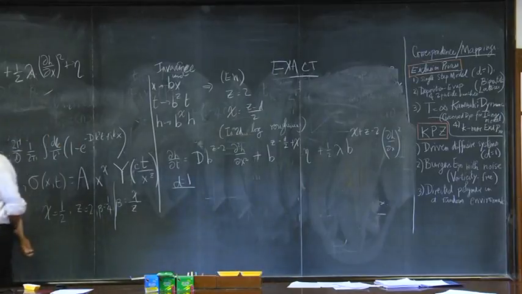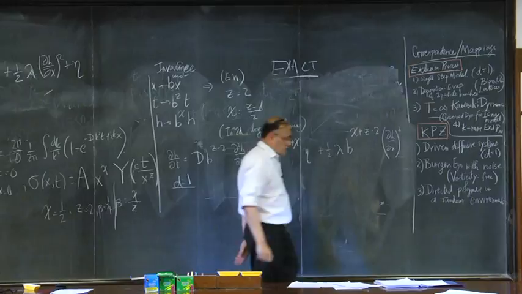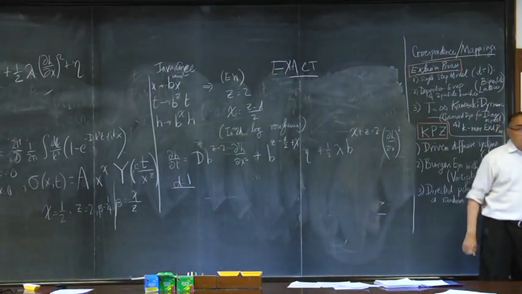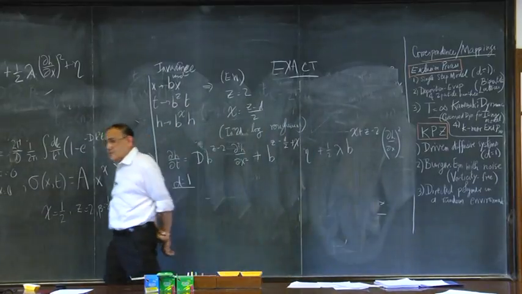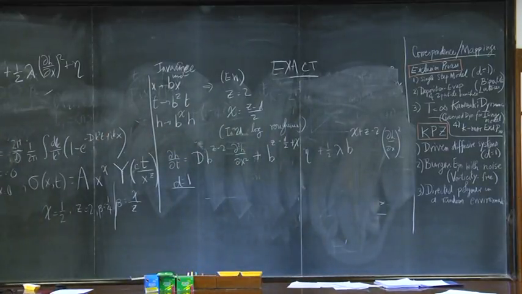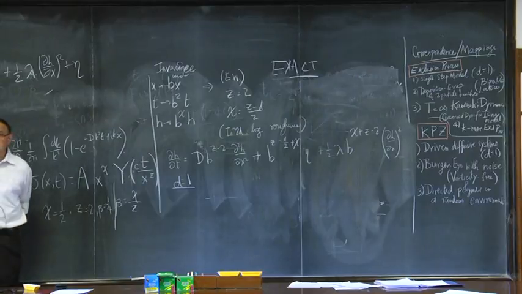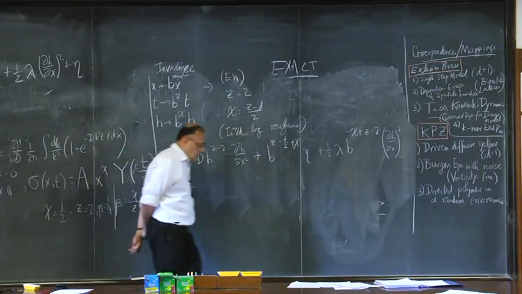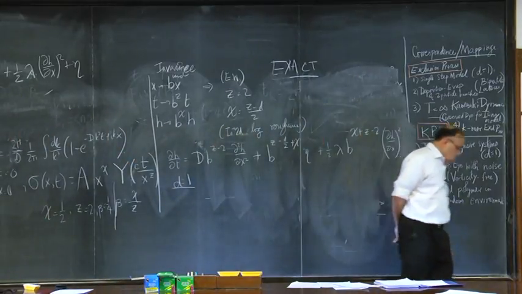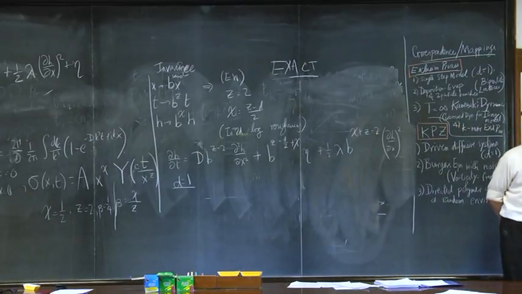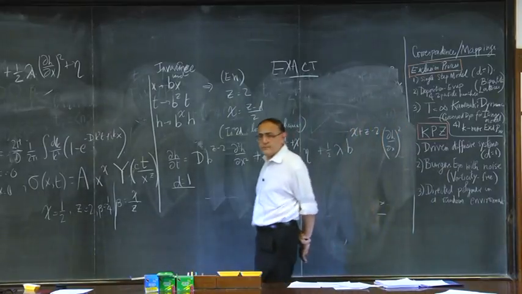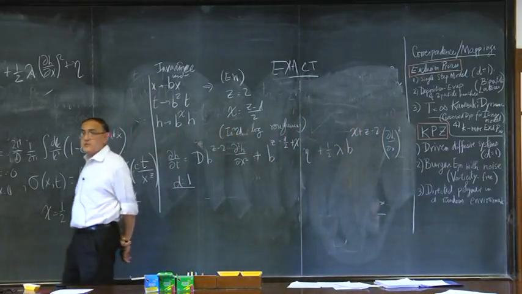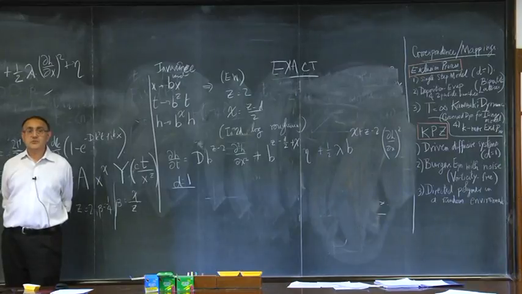So is there any way to find the KPZ exponents? Well, there is. The first thing is you can appeal to the exclusion process. We have an exact mapping between the lattice model for the interface and the exclusion process, and we can try to see what we can say about the W matrix in the exclusion process through other many-body techniques. The first person to do this was in fact present here last week.